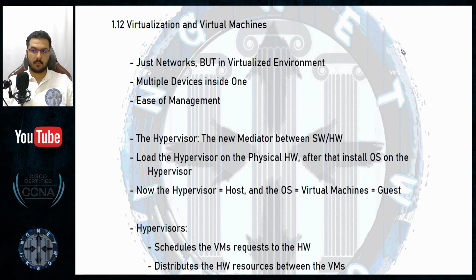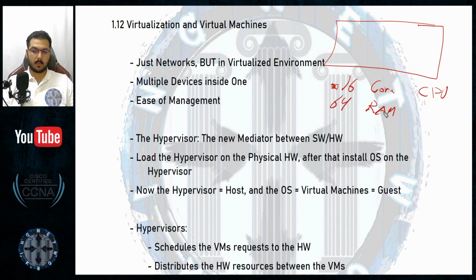And that concept says purchase one single server, this one, and let's assume that it has 16 cores of CPU, and it has, let's say, 64 gigabytes of RAM. Why not? And some hard disk drive storage.